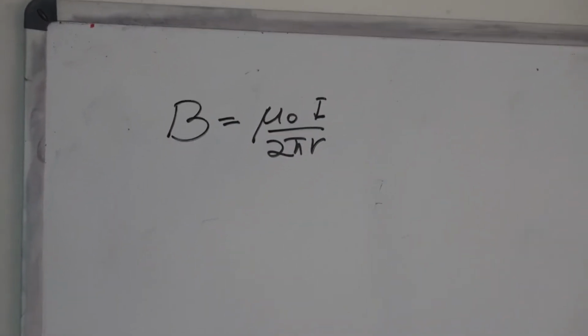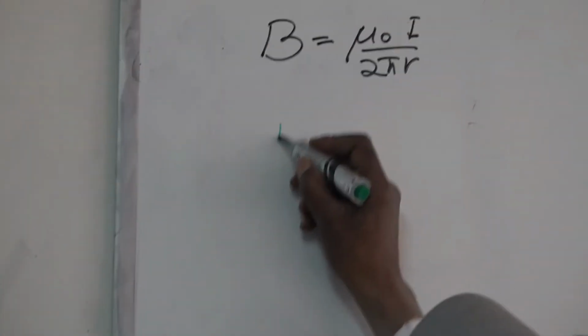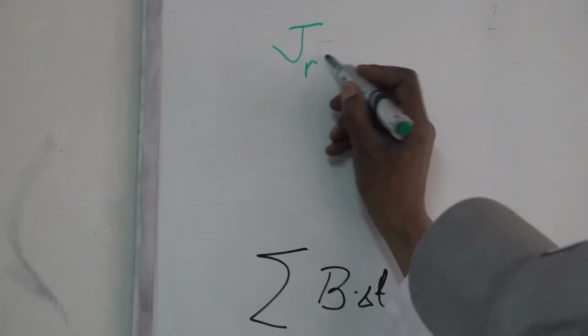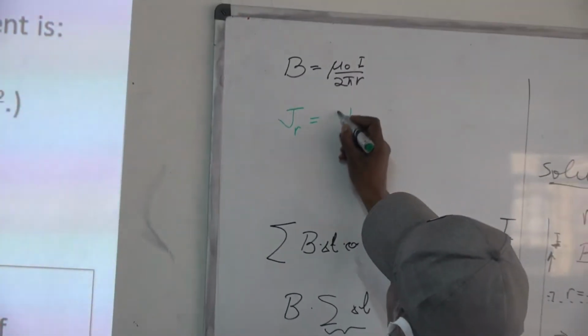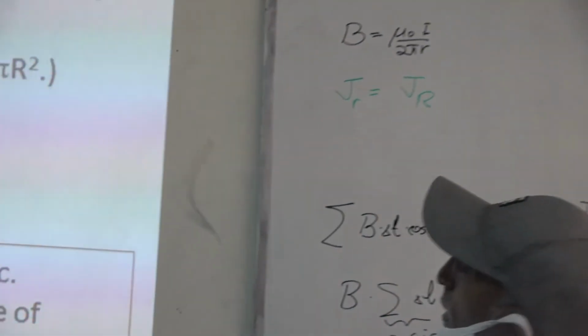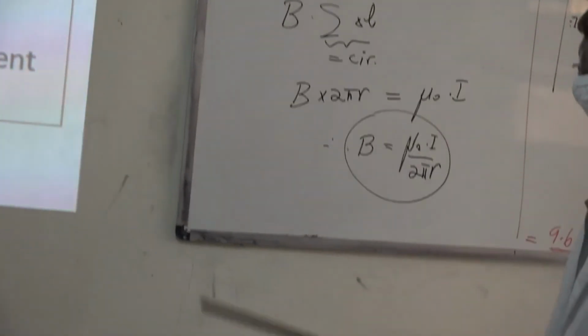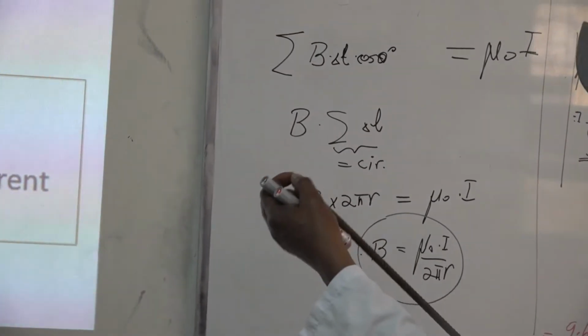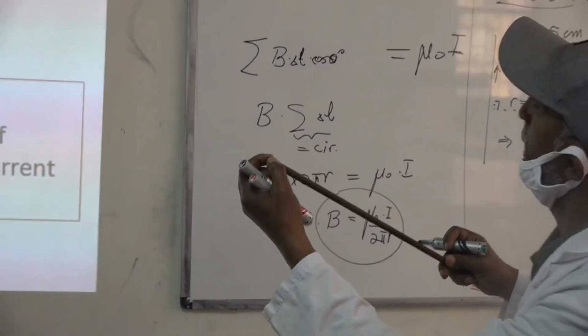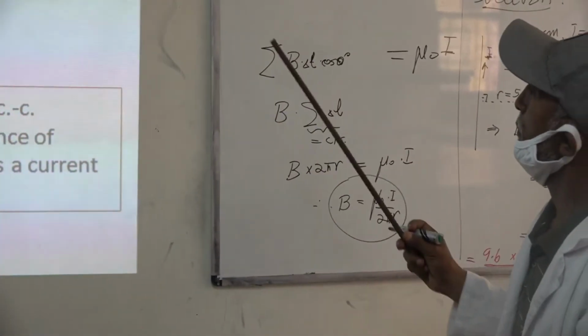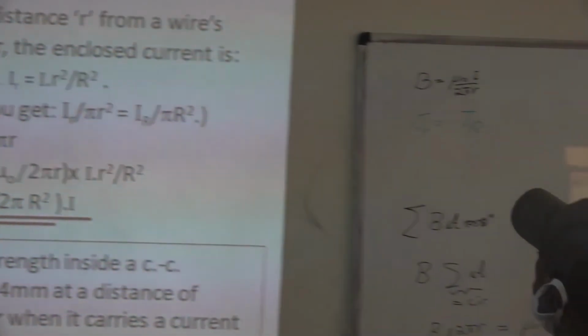Experiment shows that when current flows through a thick wire like this, the current density is the same everywhere, at whatever distance you are from the center of the wire. J_r equals J_R. This is very important, that the current density at some smaller distance than the radius of the wire and out to the end of the wire, meaning capital letter R, the radius of the wire, is the same.